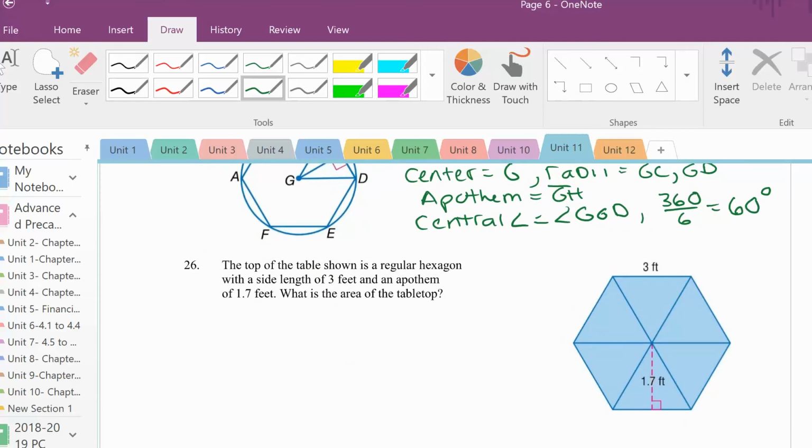All right, the top of the table shown is a regular hexagon with a side length of 3 feet and an apothem of 1.7. What is the area of the tabletop? Well, you have 6 triangles basically. And since it's a regular polygon, they would be the same. So it'd be 6 triangles times 1/2 base times height.